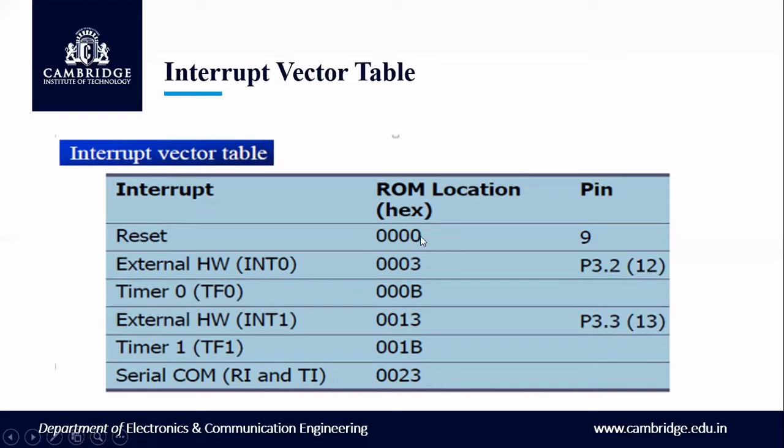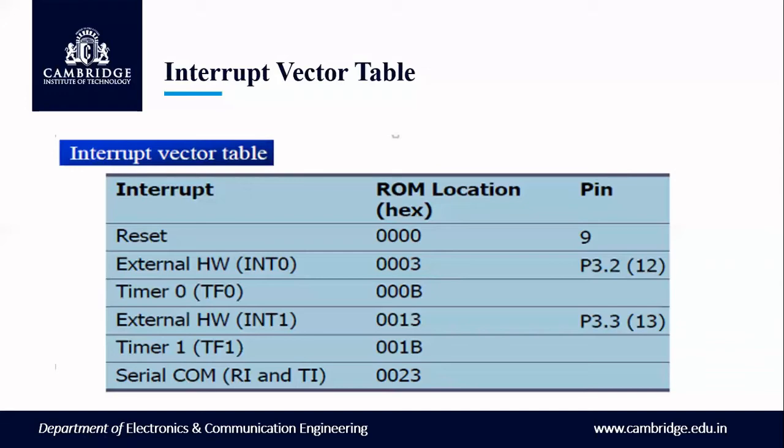The interrupt vector memory space varies from 0 till 23, and 23 is for the serial communication. If you write an interrupt service routine for 23, again it will consume some bytes. So 00 to 30H is the memory we keep for the interrupt vector table. In that case, we should not disturb the memory space allocated for the interrupt vector table. That is one point we need to remember.